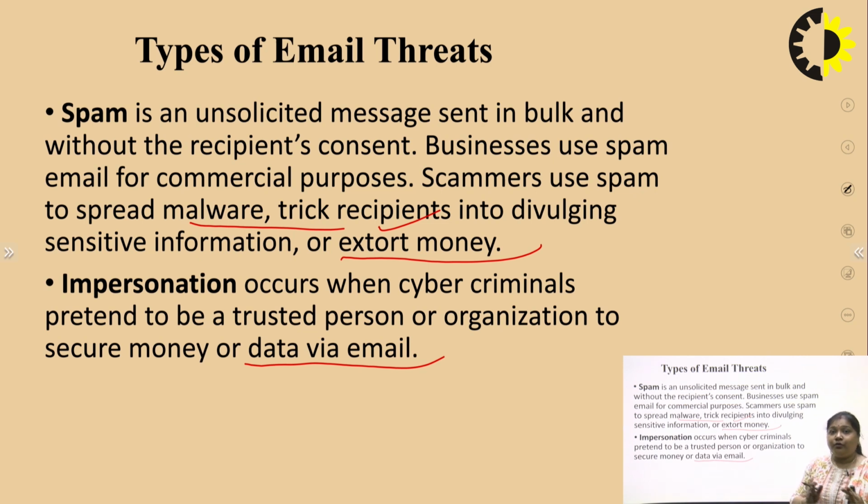So they can fool the users by giving some offers or discounts on some products, and if the user clicks on the link to purchase that product, they can steal their information, their debit card and credit card information. They can get the OTPs also. So by that they can cheat the users.